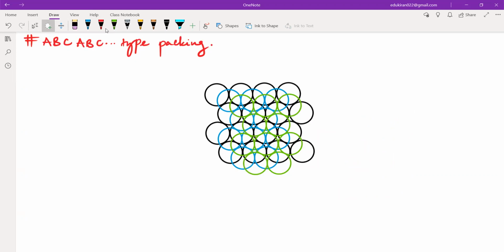Okay. So I've got all of these layers, but I need to erase a few things because I don't need this much. Let me see if I can make out a few atoms that I need.